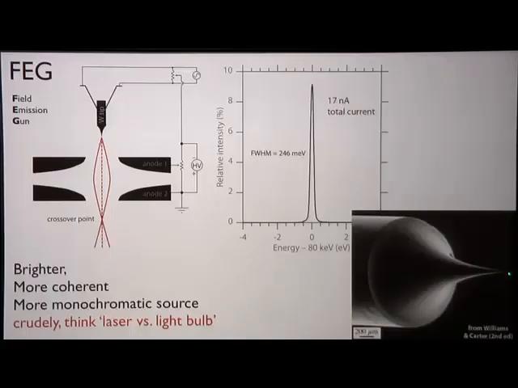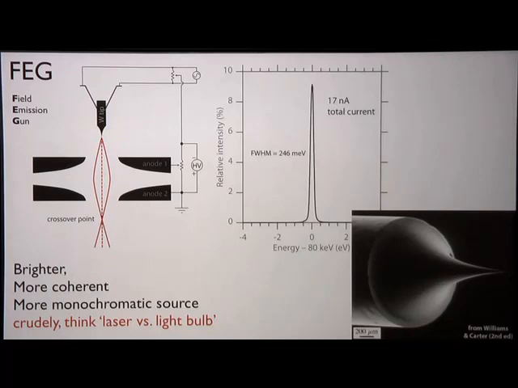So just the same way the field strength on the top of a lightning rod will attract a lightning bolt, the same thing happens here. The voltages remain constant, but the fields actually get higher and higher as you make this sharper and sharper. And so this tip is in the center of the source, and we pull the electrons off, create a crossover, and end up with a beam.